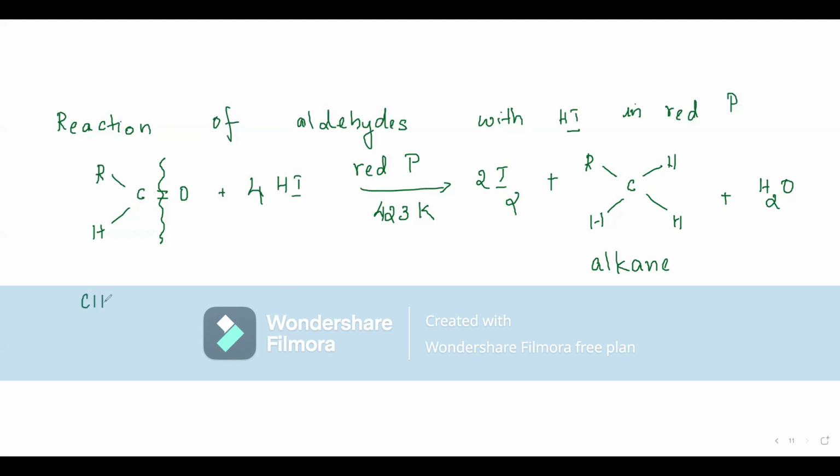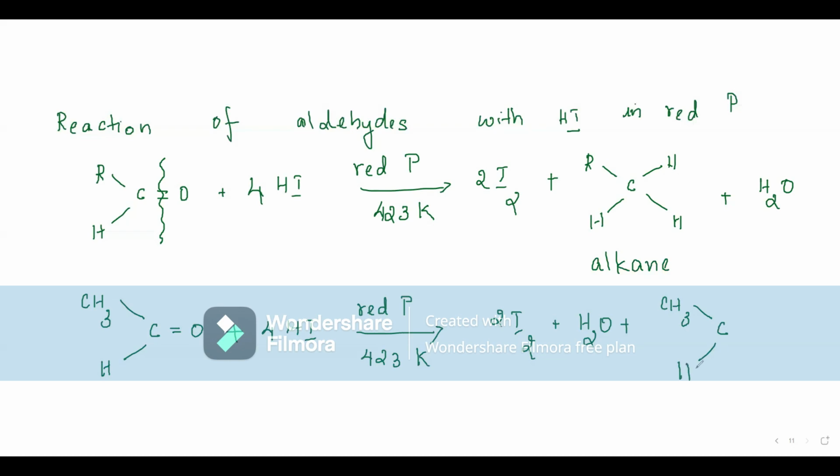Let us take one example at least, CH3CHO. CH3CHO with 4HI in presence of red phosphorus at a high temperature gives you iodine plus water plus CH3CH.